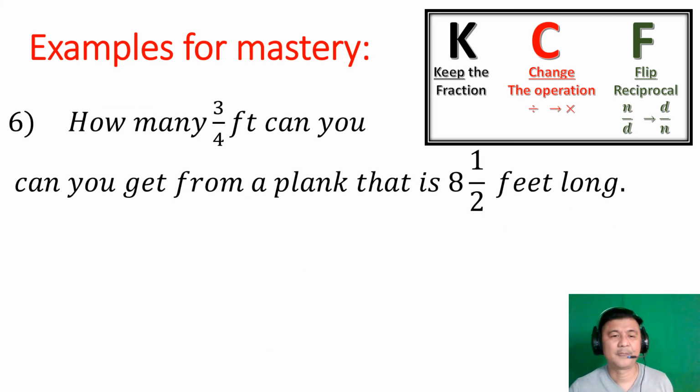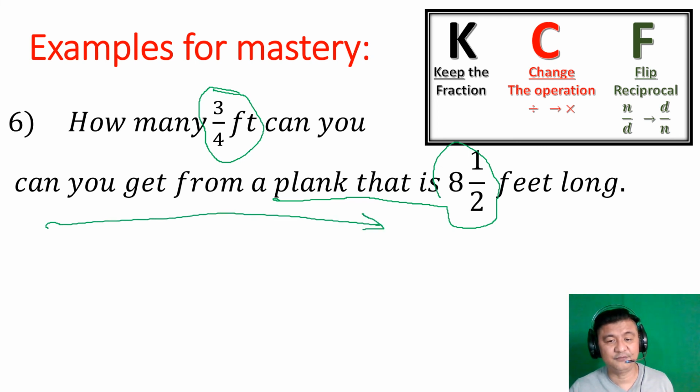Next, last example, you will see problem solving. How many 3/4 feet can you get from a long plank which is 8.5 feet? There's a long one, that's the 8.5. How many 3/4 can I get here? So what are you splitting? Are you splitting the 8.5 or the 3/4?